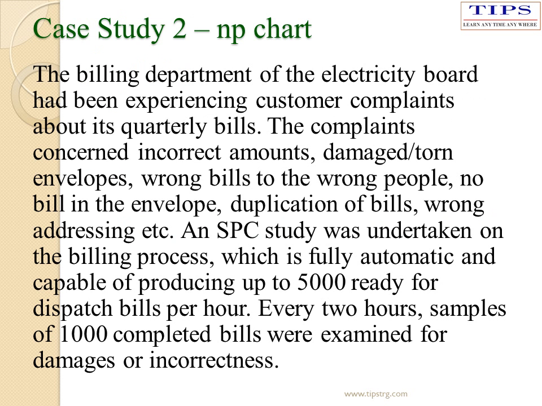This is the case study given for the NP chart. In the billing department of an electricity board, there have been customer complaints. The complaints concern incorrect amount, damaged or torn envelopes, etc. An SPC study was carried out considering that an automatic instrument is used for producing bills, up to 5,000 ready for dispatch per hour.